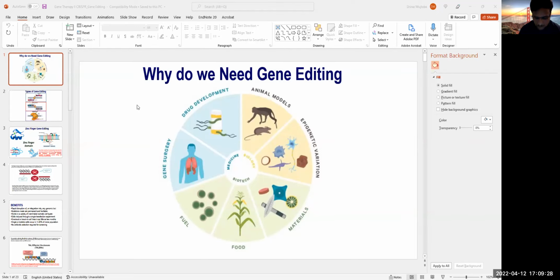But there are situations where there are errors in the DNA sequence, and that error leads to very serious diseases. And so that cannot be treated like headache or fever or vaccines.